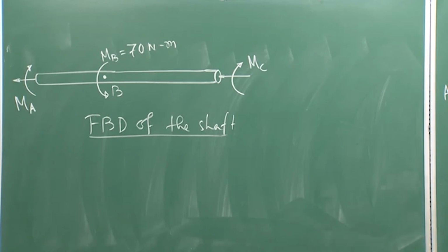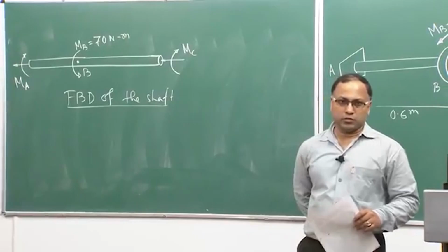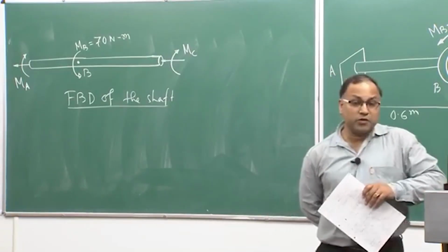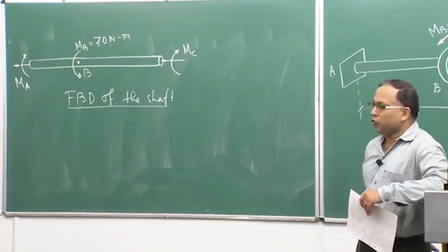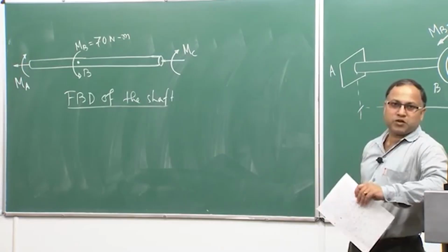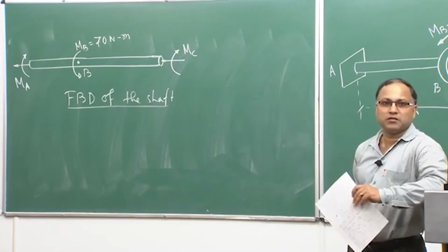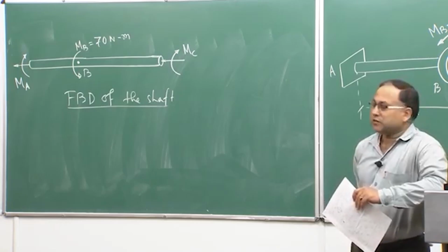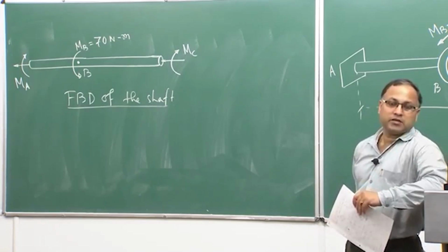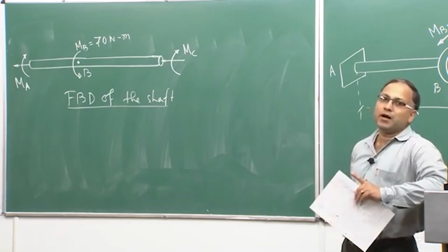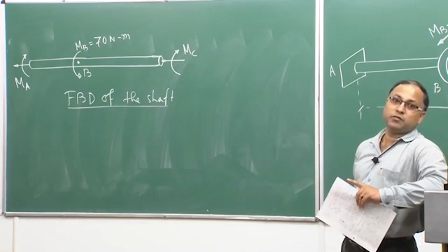How many equations are available as per equilibrium? Because there is no force, summation of Fx, summation of Fy are not coming into the picture. Only summation of moment equal to 0, only one equilibrium equation, is available with you.